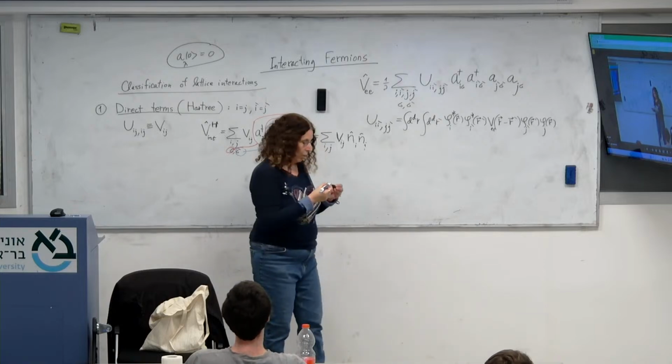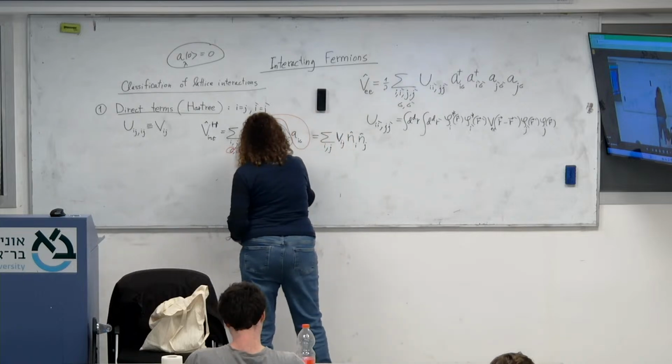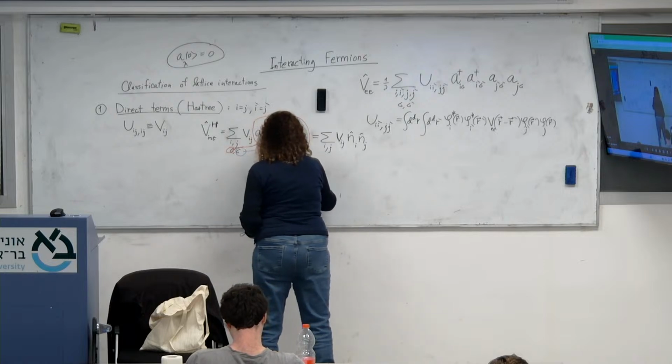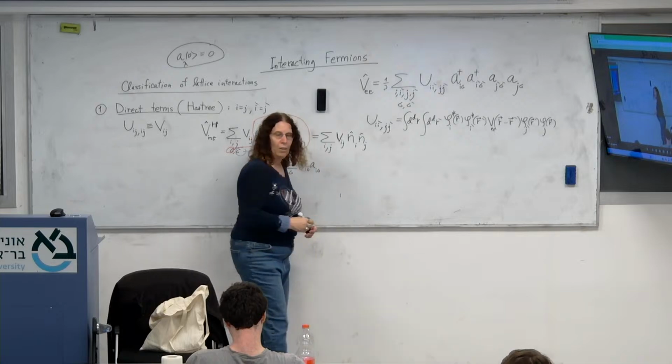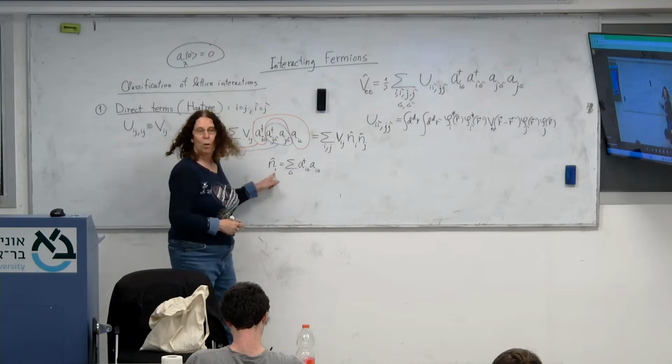Okay, that's all. So here let me just write the definition. n_i is the sum over sigma of a dagger i sigma a i sigma. So you sum over the spin indices, but you're left with some local number operator.